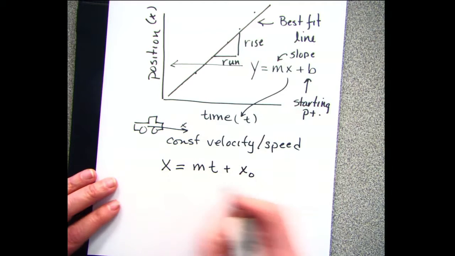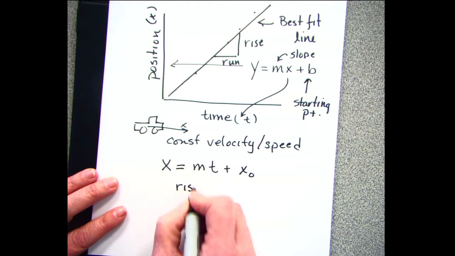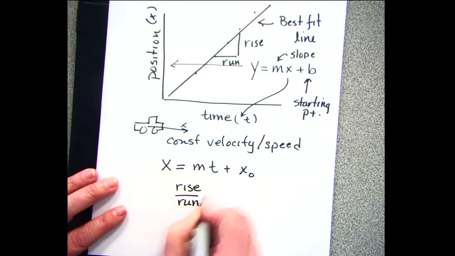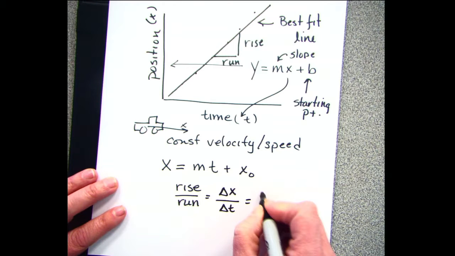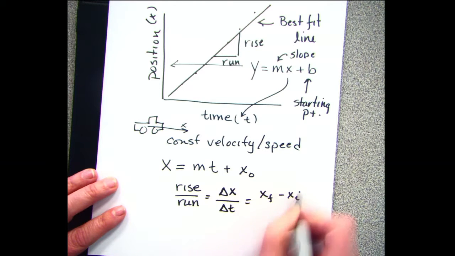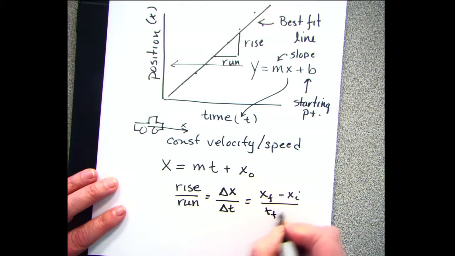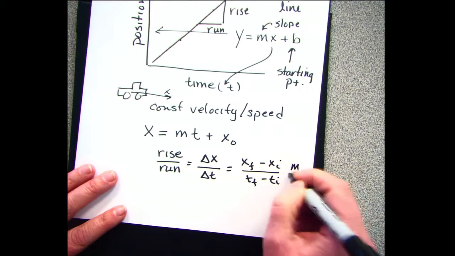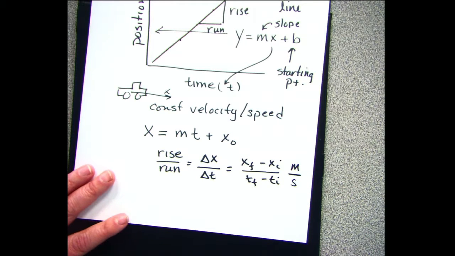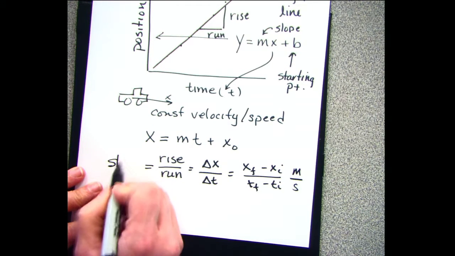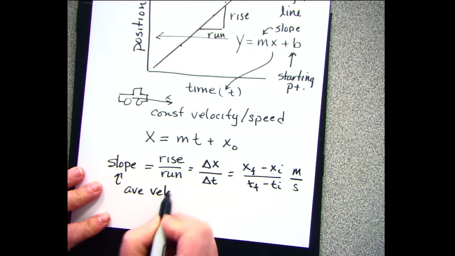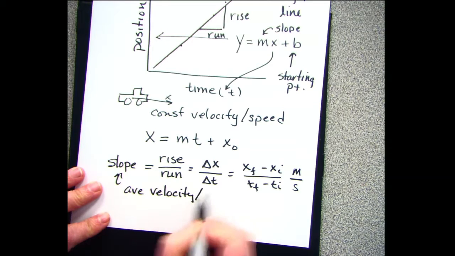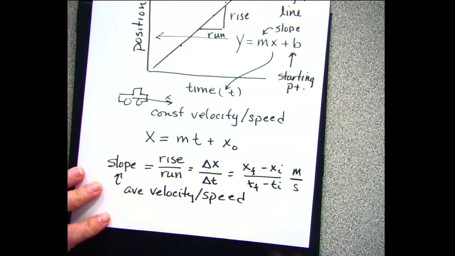And if I look at the rise over the run, this is a change in x over a change in time. So I get my x final minus my x initial divided by my time final minus my time initial. And this will be in units of, say, meters, and this is in units of seconds. It turns out that this slope is going to be an average velocity or speed, depending on where I'm at.